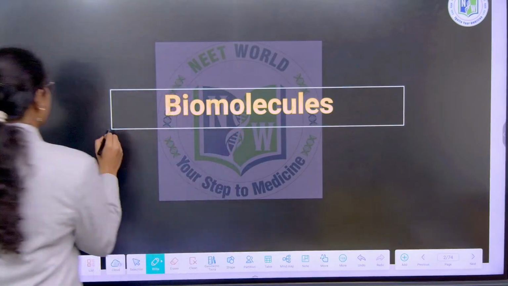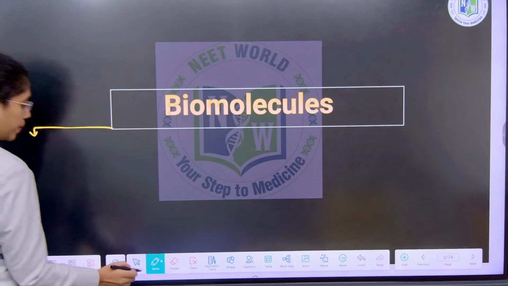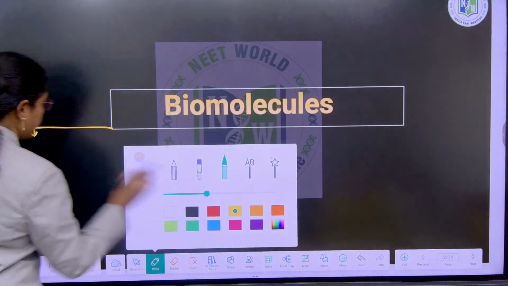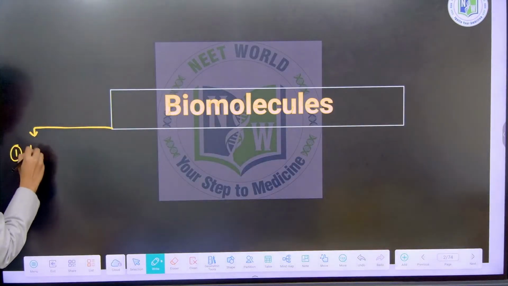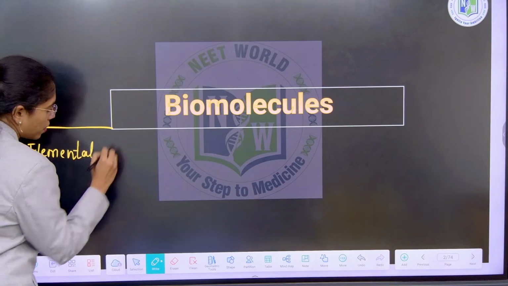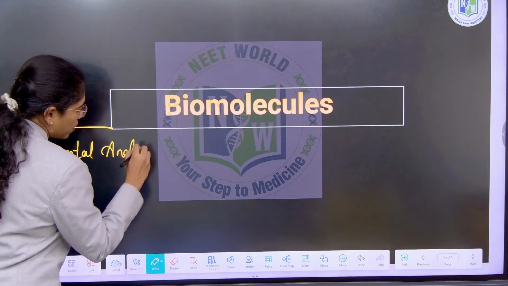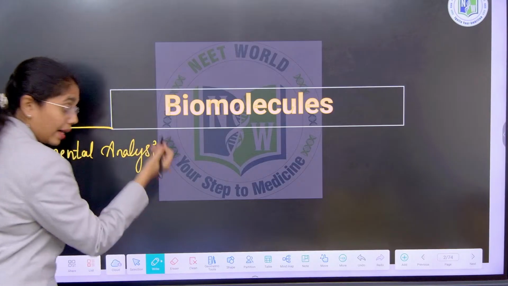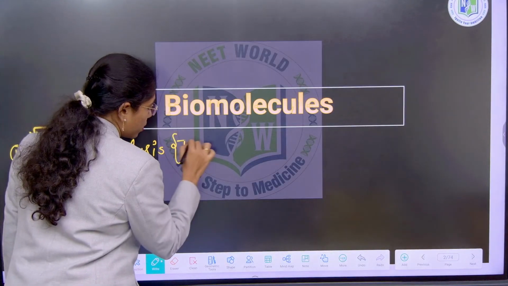So, what is that? First we are learning elemental analysis, and this table is very important.